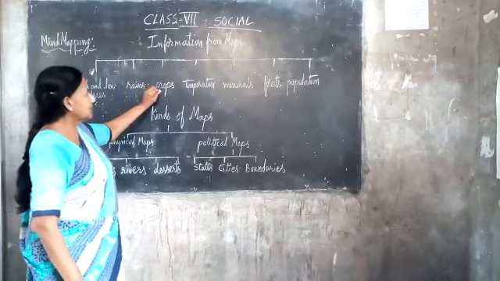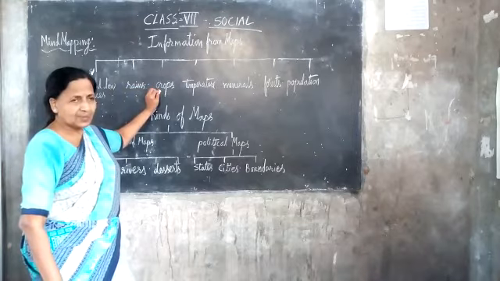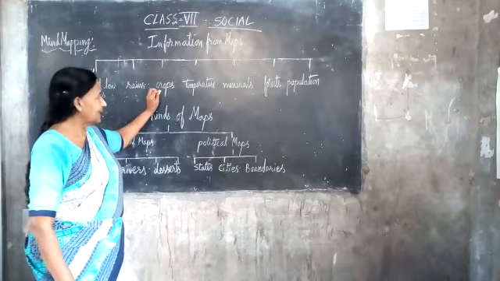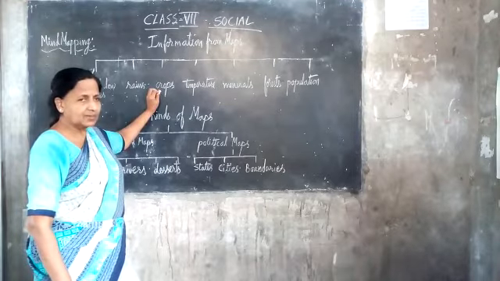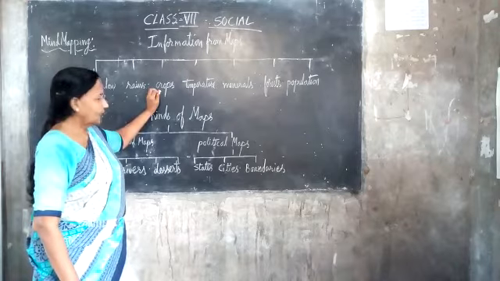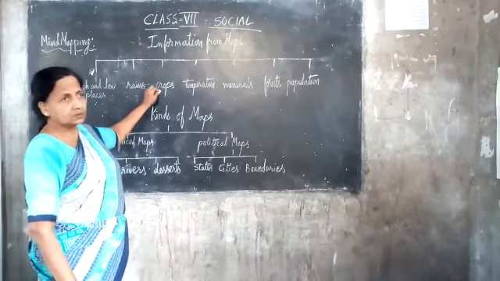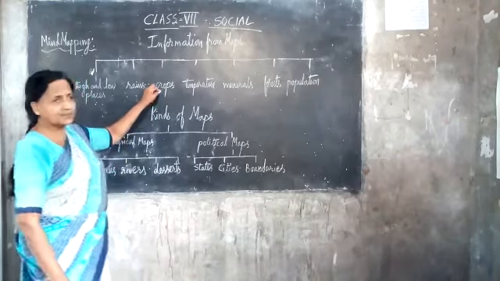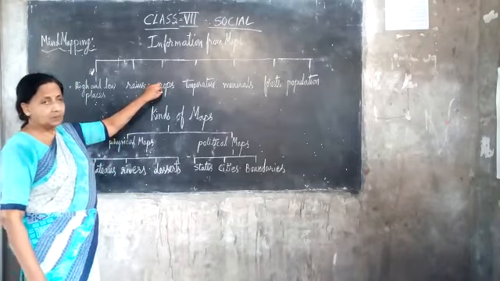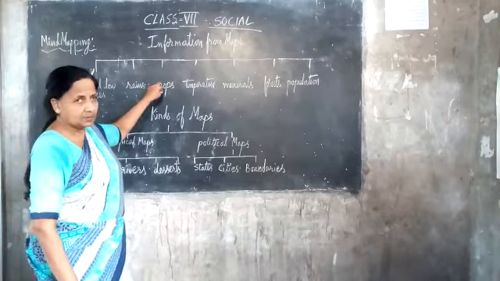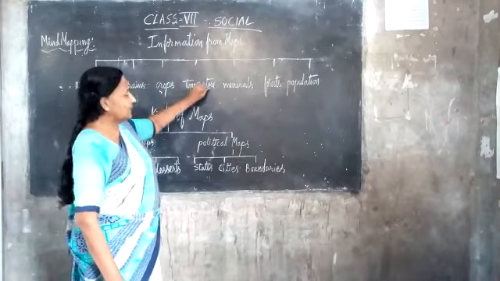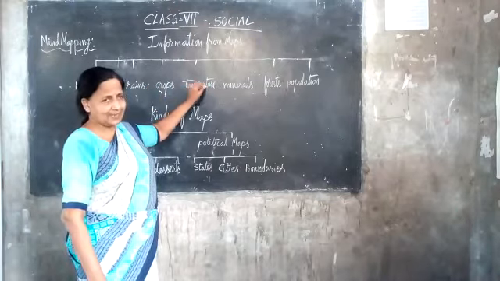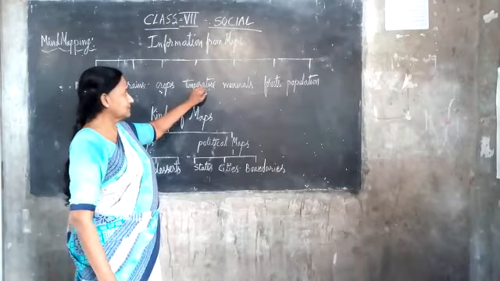And also the map tells us which countries have certain crops like maize, jowar, rabi, wheat, and all kinds of different types of cereals. The map tells us the different temperature of a particular state or a particular country.